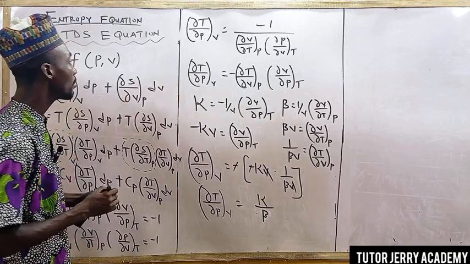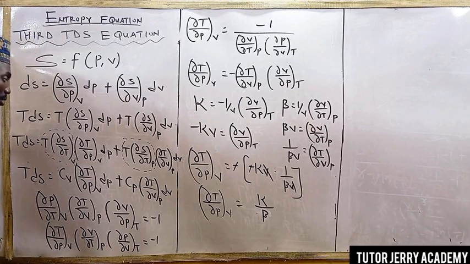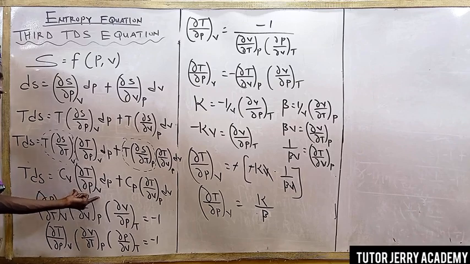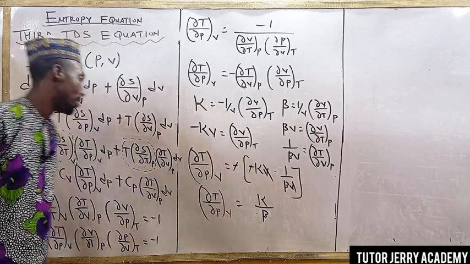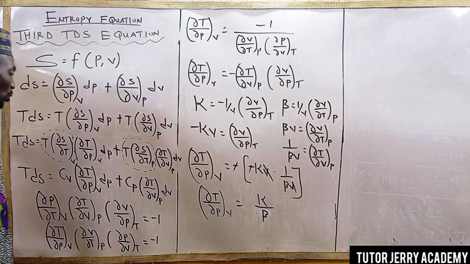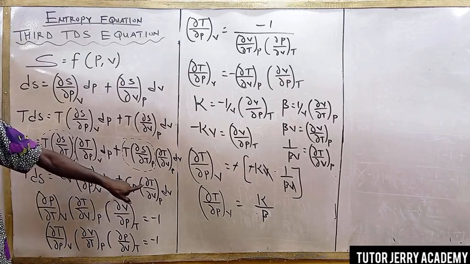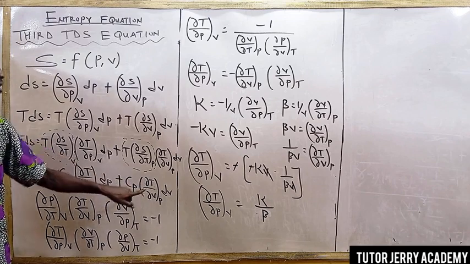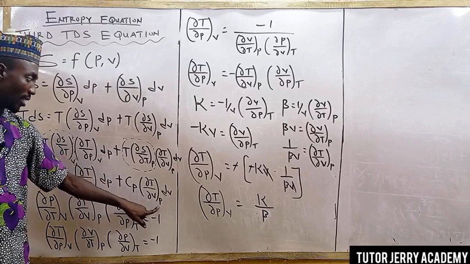All right. So now the next thing we are going to do is this. What we have just done is we made this the subject of formula from the cyclic relation. We try to modify it, then we get K all over beta. The next thing we are going to do is make this the subject. We have the partial derivative of T all over the partial derivative of V, keeping P constant.